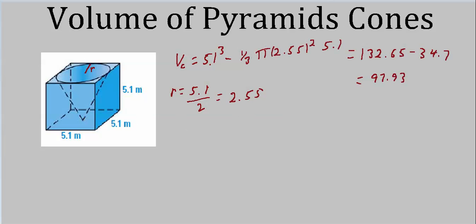And if we do all this, 5.1 cubed minus the volume of the cone, that's 132.65 minus 34.7. And depending on whether you use the pi button and how you round stuff off, you get about 97.93.